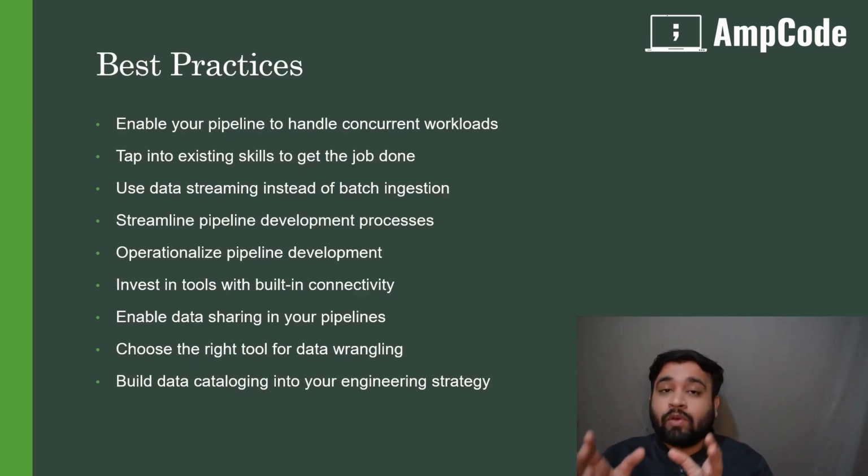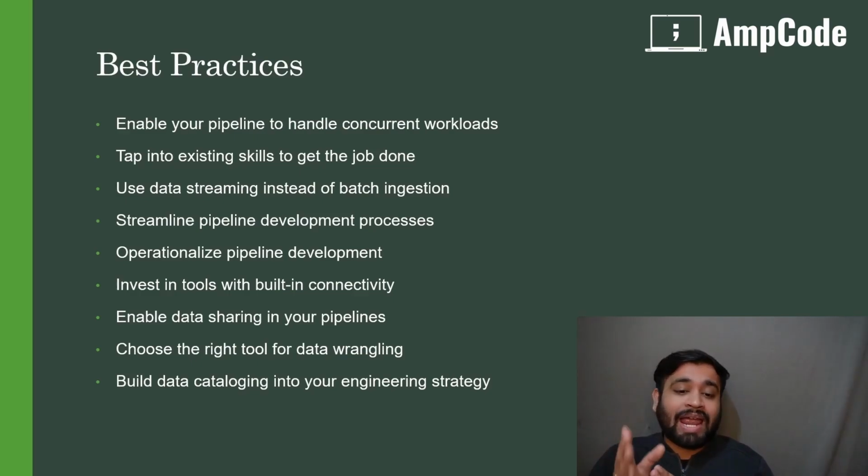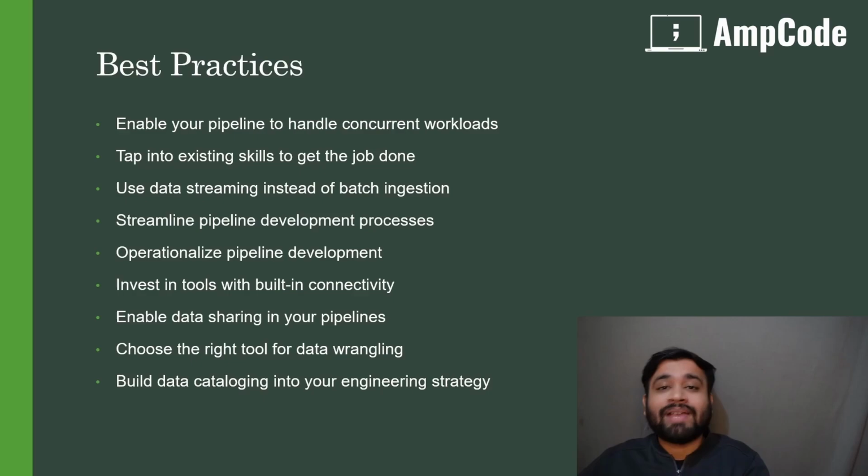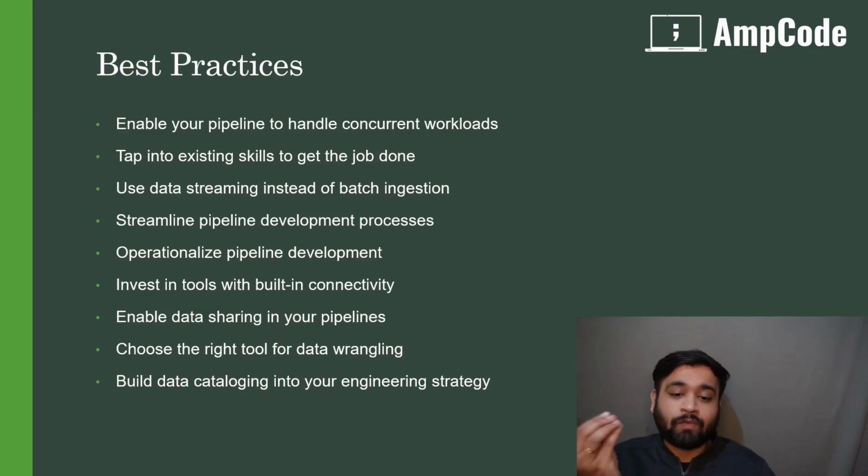To handle all these workloads, your pipeline should be able to handle these concurrent workloads, because some of them will be coming as batch data, some of them in real time. Every use case and every data source needs a specific set of work in your pipeline, and there are many mission-critical applications like real-time fraud monitoring.